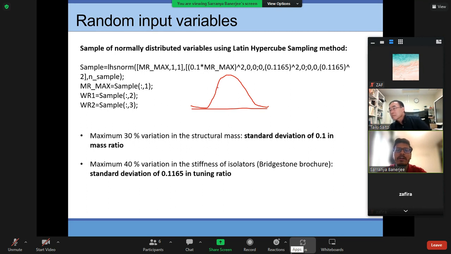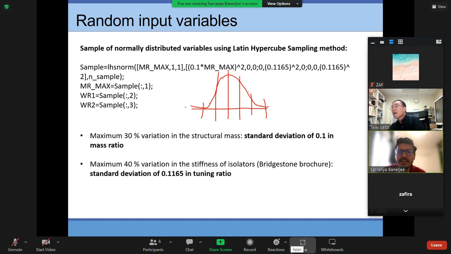We want some random samples from this variable. What they do is they divide the sample into various parts, and they take some samples from each part. So what happens is, even with a lesser number of samples, we can get a very good distribution of the variable. With a lesser number of samples, we can get a better distribution of the uncertainty.